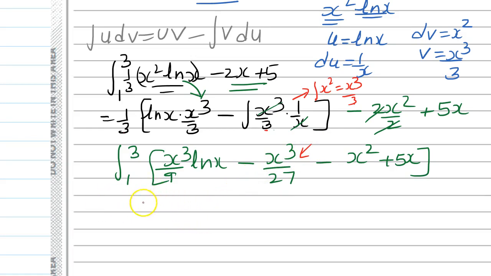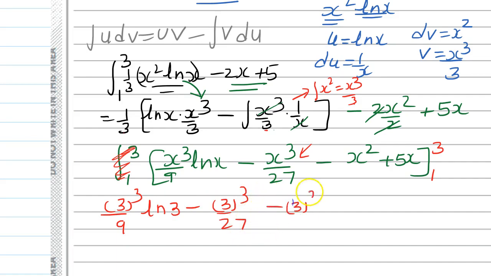Now let's put the limits 1 to 3. So this is our integration, so no need to put this. Let's write down here 1 and 3. It will be 3 to the power 3 over 9 ln 3, 3 to the power 3 over 27, and then this is minus 3 square plus 5 times 3.